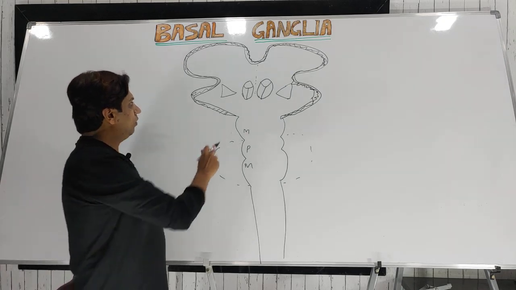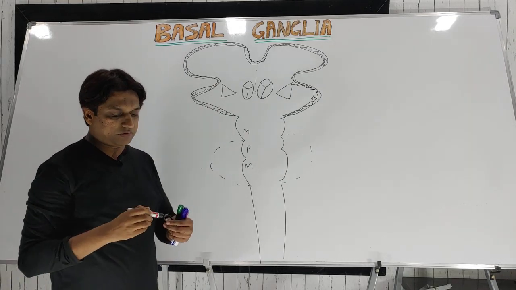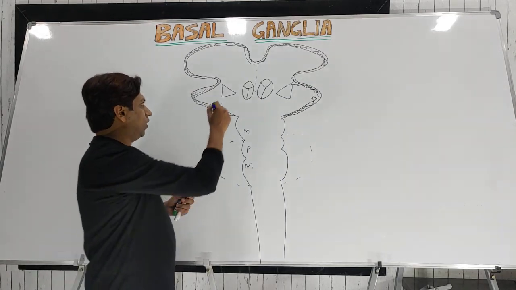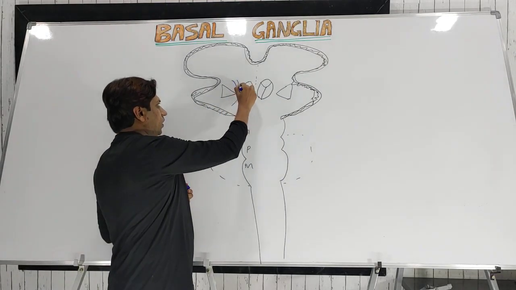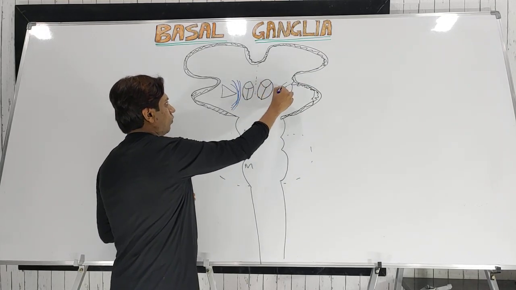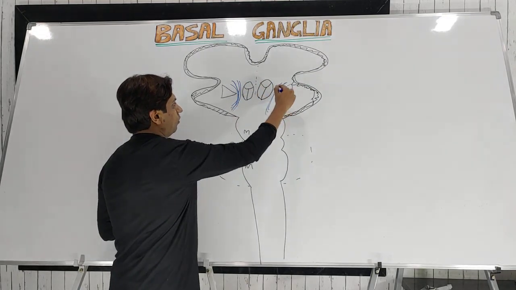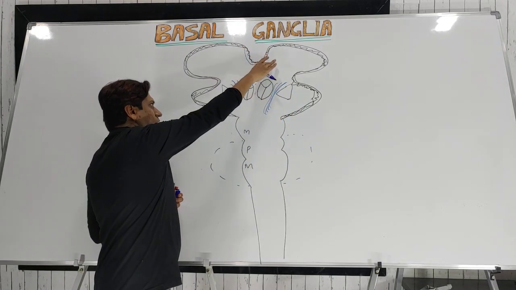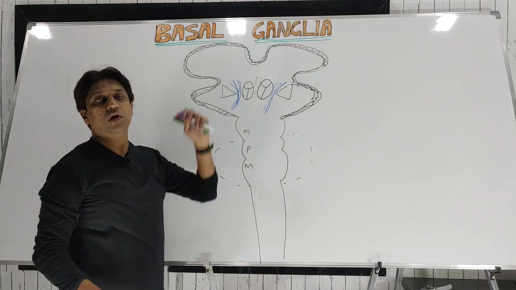In between this thalamus and this lenticular nucleus there are axonal fibers, that is the neuronal connections. One bundle of axons runs either from upside to downwards or from downwards to upside.